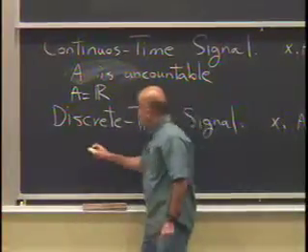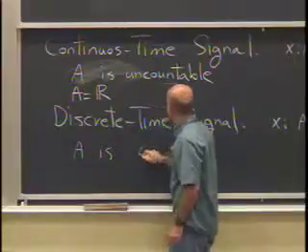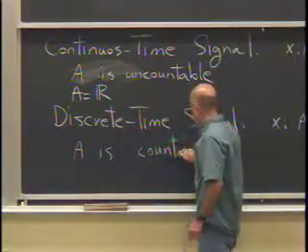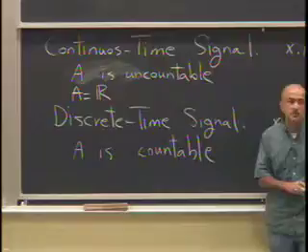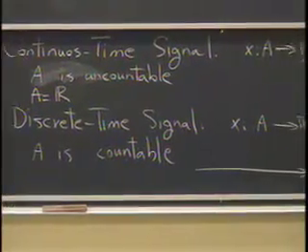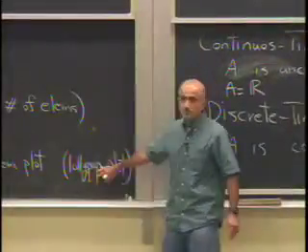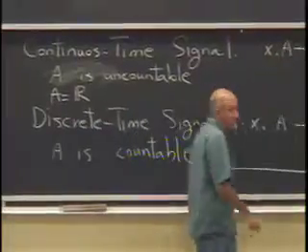A discrete time signal is a signal whose domain is countable. Again, we remain silent on the range. So every discrete time signal will have a lollipop plot, if it's real valued.